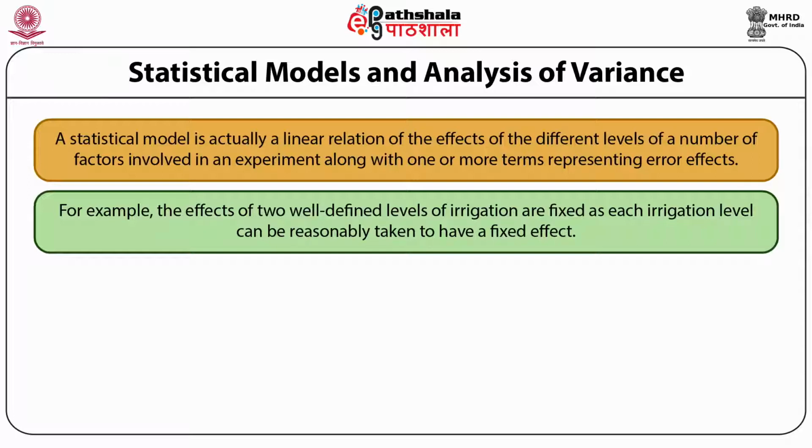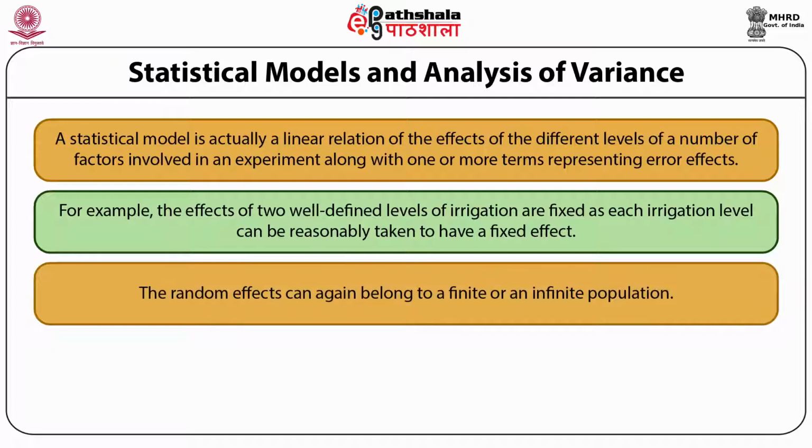Again, if the variety of a crop is taken as a factor with the number of varieties as its levels, then the effects of the varieties will be random if these varieties are selected at random from a large number of varieties. Random effects can again belong to a finite or an infinite population. The error effects are always random and belong to either a finite or infinite population.